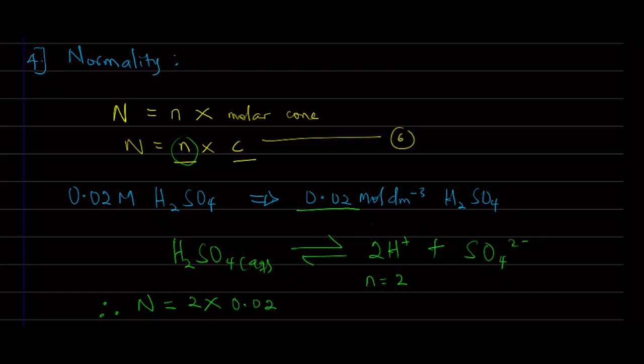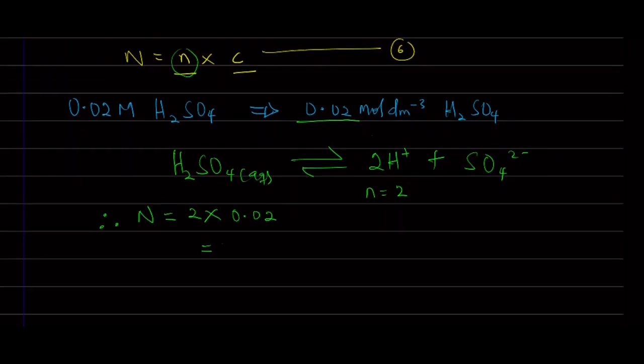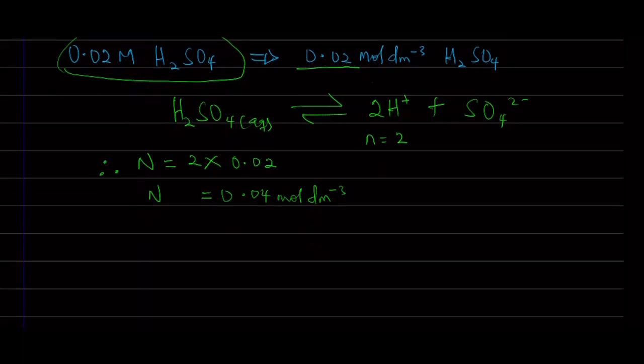Our answer becomes 0.04, which is in mole per Dm³ as well. Here, we have been able to calculate the normality of 0.02 molar H2SO4. That is how we calculate normality. Now let's look at the last chemical unit, which is known as mole fraction.